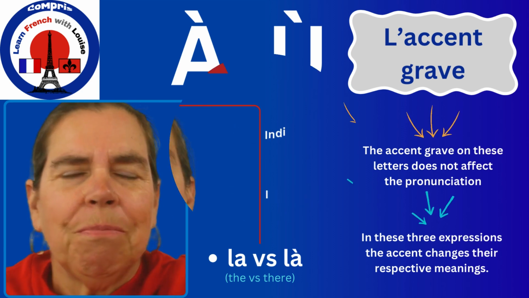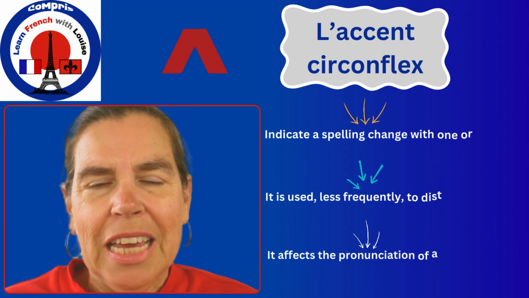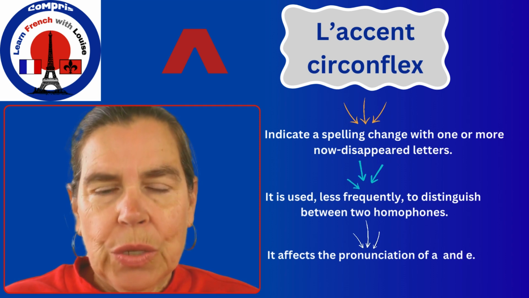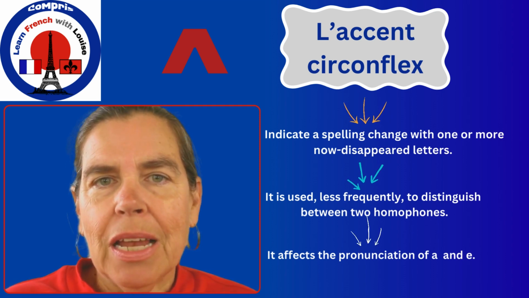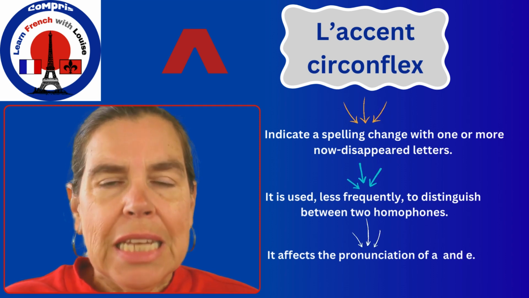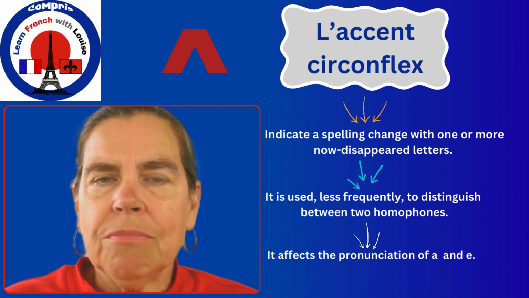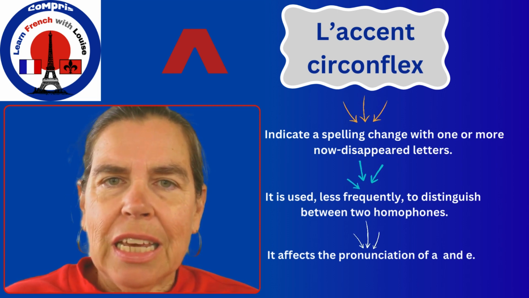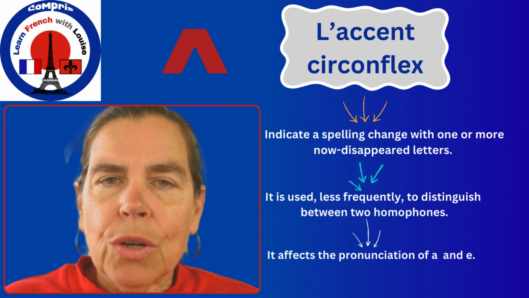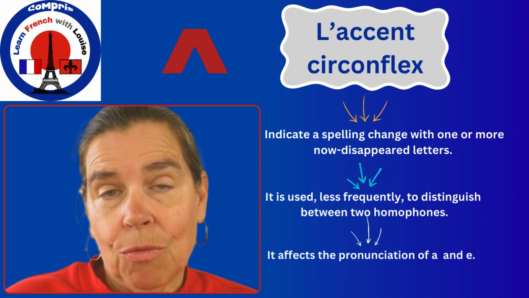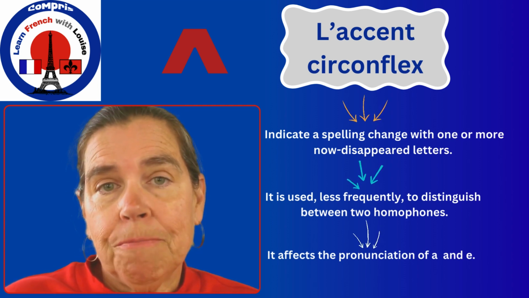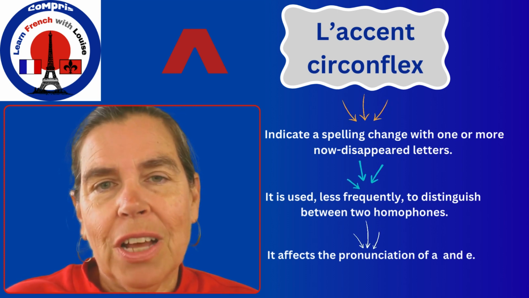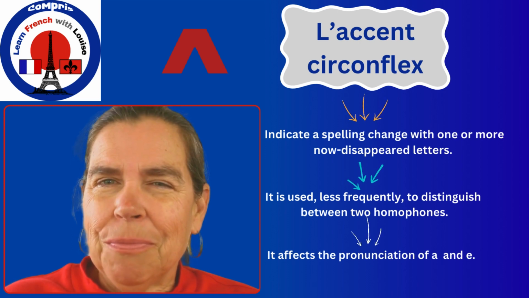Okay. L'accent circonflexe can indicate a couple of things. One, that a letter used to exist and has been replaced by l'accent circonflexe. Usually it's an S, but it can be other letters as well, an A for instance. Another thing that the accent circonflexe can indicate is that a word containing an accent circonflexe can mean one thing, and that very same word with the same spelling, but without the accent circonflexe, can mean another thing.